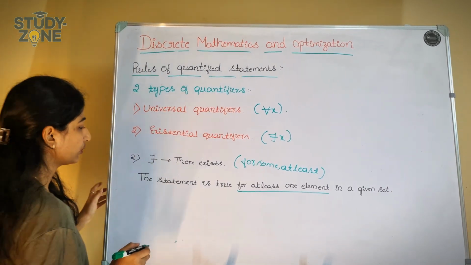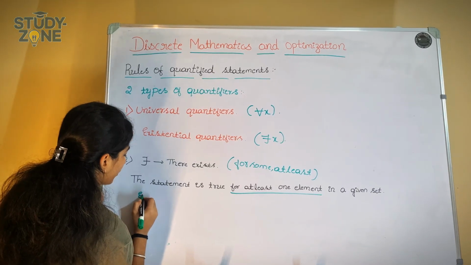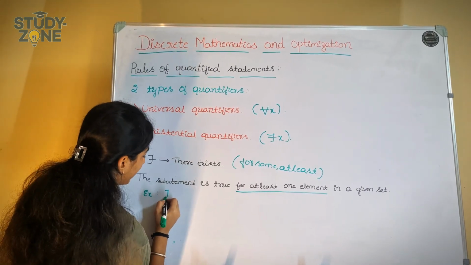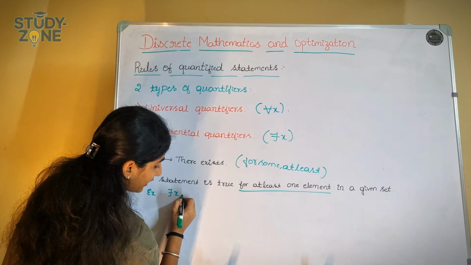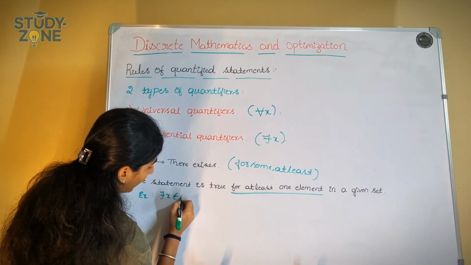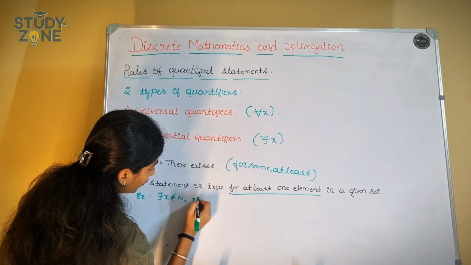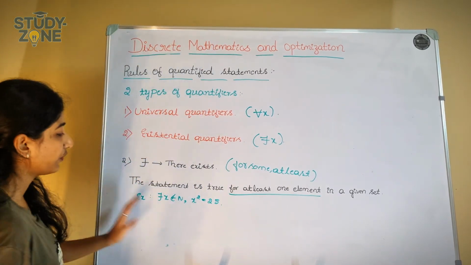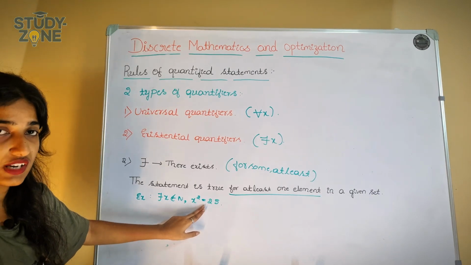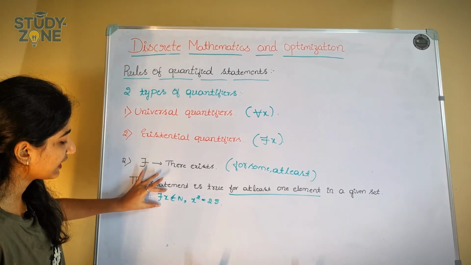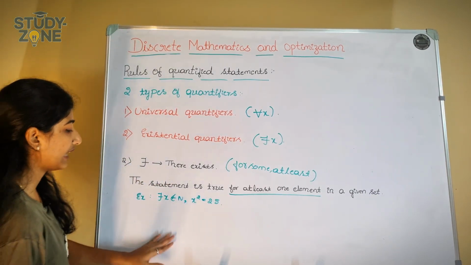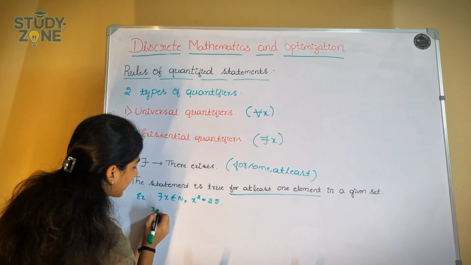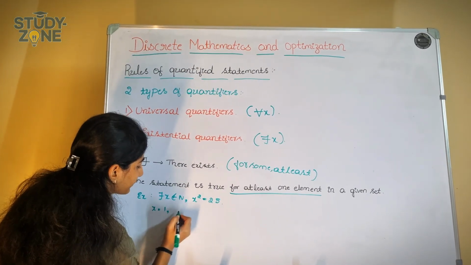So let us go through the example. Okay, so here we have there exists x where this x belongs to N and x square equals 25. Okay, so if we take for all, here it should be true for each and every element, right? But here there exists x, so let us take x equals 1.